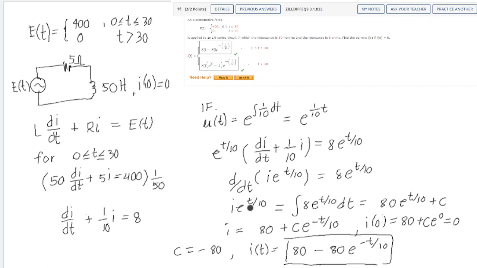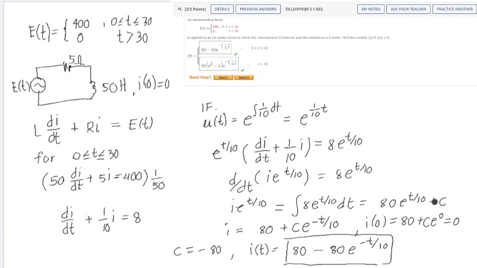Now to solve for I, we integrate both sides to remove the d/dt here, and we have I e to the t over 10 on the left side of the equation equal to the integral of 8 e to the t over 10 dt, which is 80 e to the t over 10 plus c.